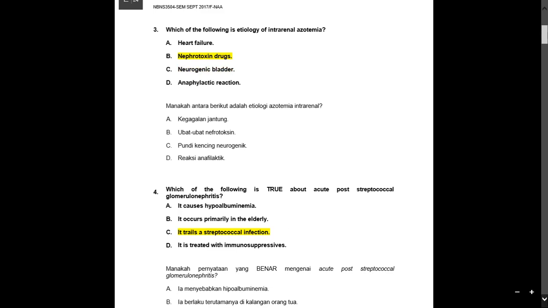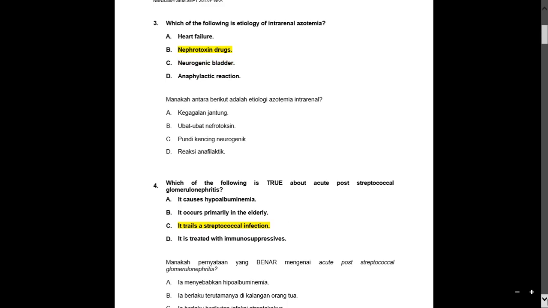We'll see what's the third question. Which of the following is an etiology of intrarenal azotemia? First of all, we will see what azotemia is. Azotemia is abnormally high levels of nitrogen containing compounds like urea and creatinine.